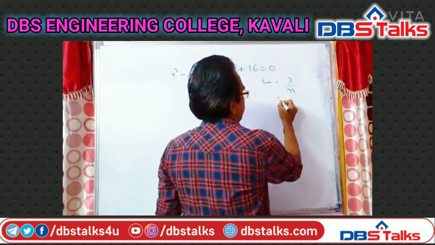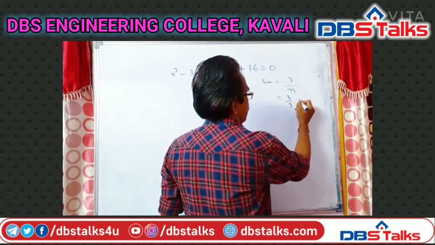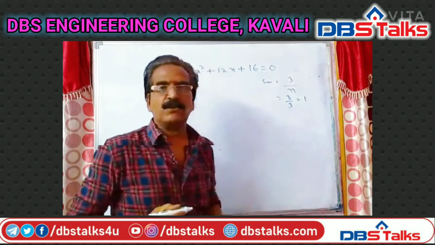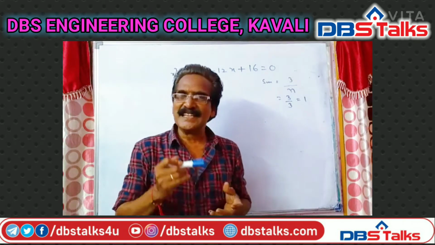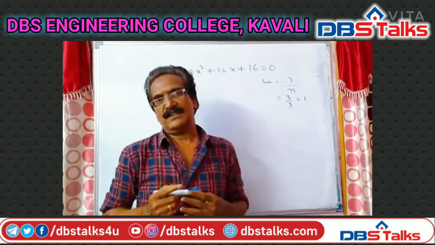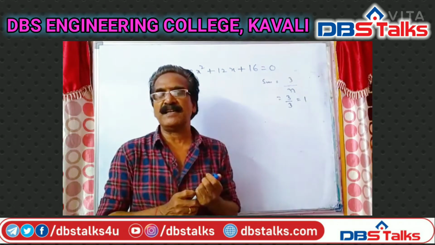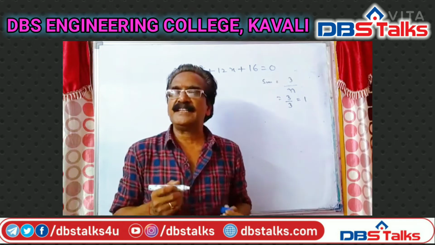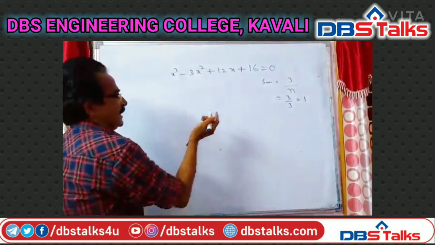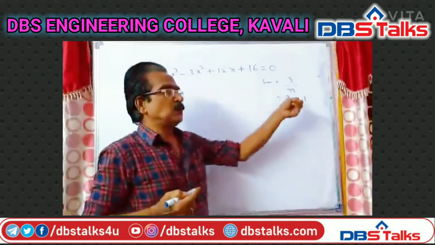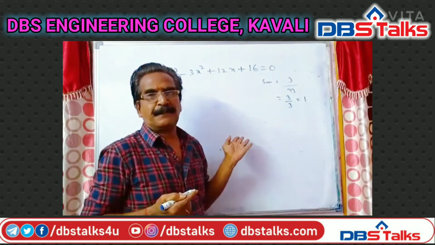Here third degree polynomial, 3 by 3 is equal to 1. So you have to diminish each of the roots by 1. Then you will get the required transformed equation. Okay friends, that is known to us. Yesterday we did 2-3 problems on this.